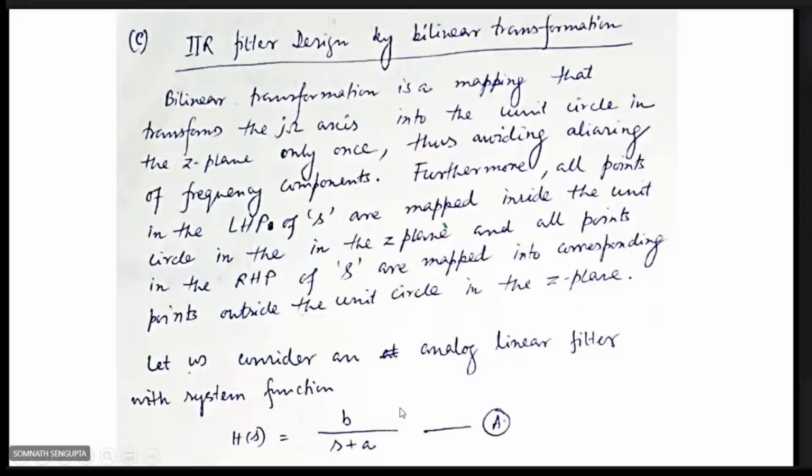This is the so-called traditional mathematical analysis. It is explained with the help of some filter function, analog filter function. So this is H(s) equal to B by (s plus a). B by (s plus a) is the analog filter function.